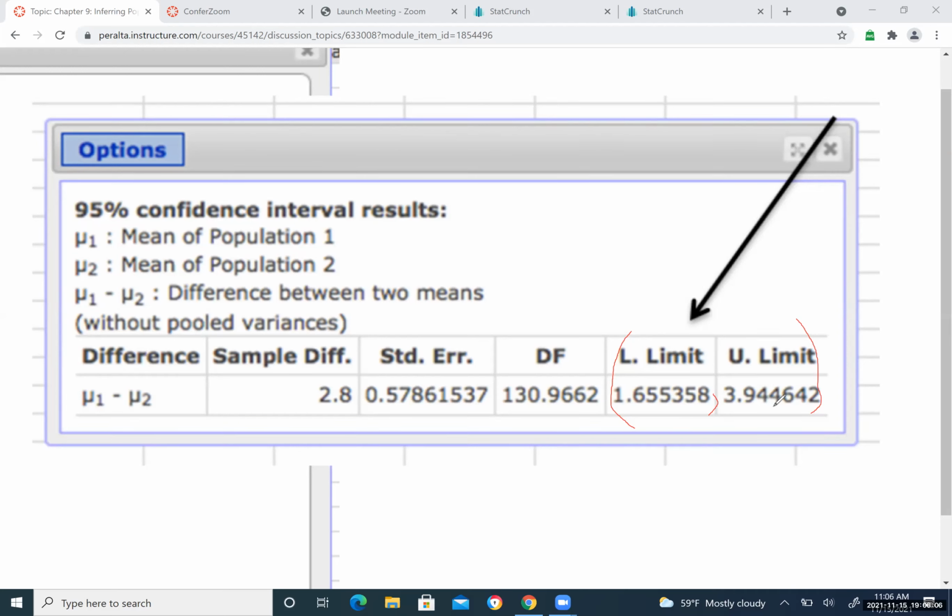Okay, so if the question asks you to interpret, what does it mean? Then you're going to say there is 95% confidence, and then you read the story, we're confident from here to here. The mean will be between these two values.